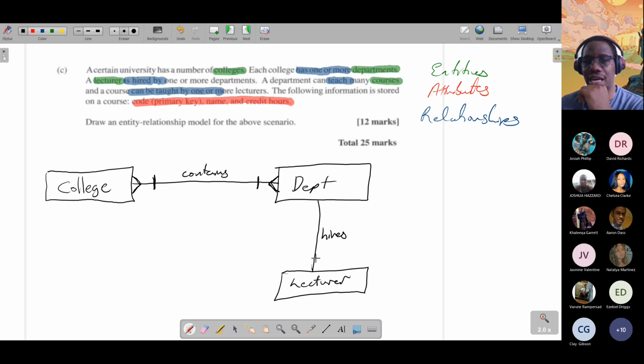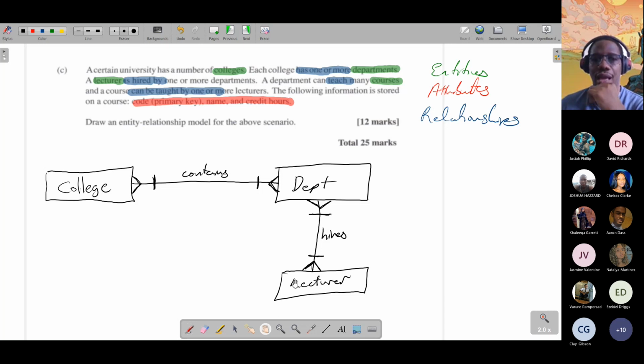I think a department needs at least 1 lecturer, but a department would hire 1 or more lecturers. A lecturer needs to work with a department, and a lecturer could work with more than 1 department.